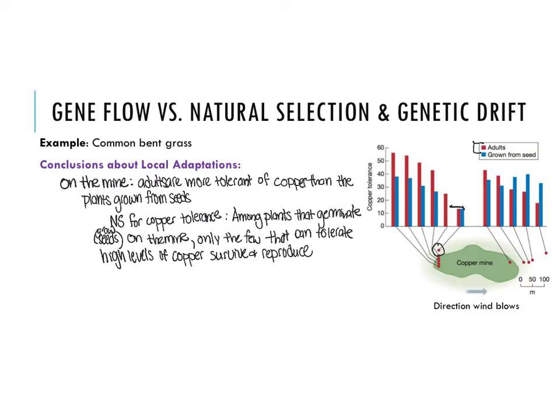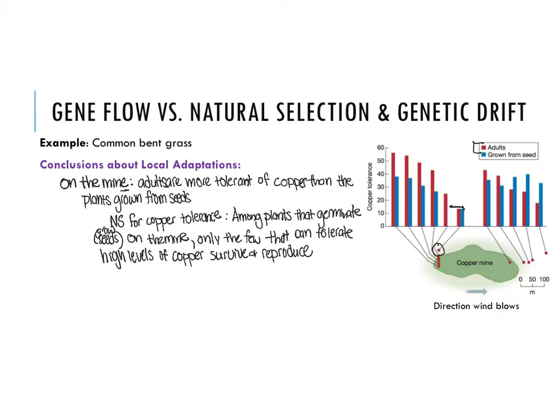Okay, so that's selection. Selection hasn't happened on the seeds that were collected, but instead, as the seeds try to grow up to adults, that is when the copper tolerance becomes important, because that's when selection is happening.